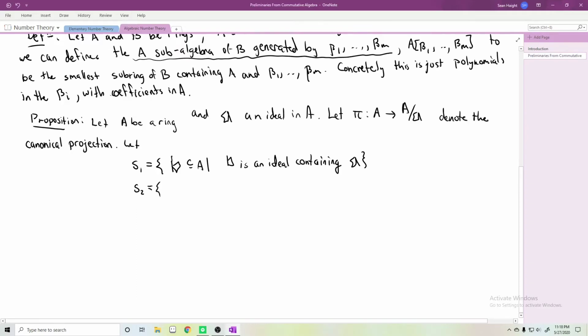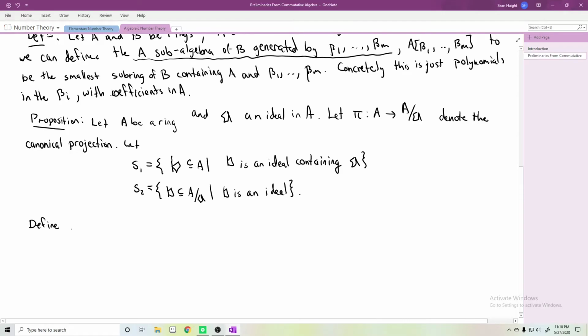And S2 is going to be the set of ideals in the quotient A mod 𝔞. Okay. And it turns out that there's a bijection between these two things.